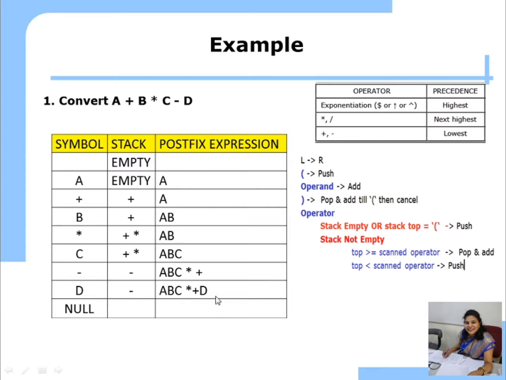You pop it and add it to the postfix string. After popping it, the stack will become empty. So this is your answer. So the infix expression was A plus B into C minus D, and its postfix is ABC into plus D minus. So let us see another example.